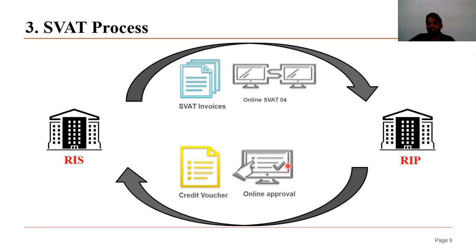Let's assume we have 10 suppliers. Let's say one supplier issues 5 invoices to you. Then all 5 they will enter at once, and you issue 1 credit voucher for one supplier for 1 month. Right? This is the normal SVAT process.